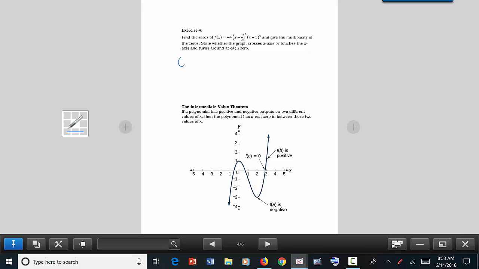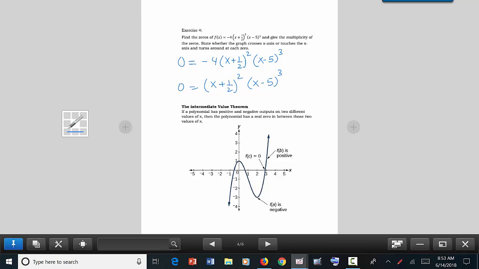So to find the zeros, we set output equals 0: negative 4, x plus half squared, x minus 5 cubed. So dividing both sides by negative 4, we will get x plus half squared, x minus 5 cubed.